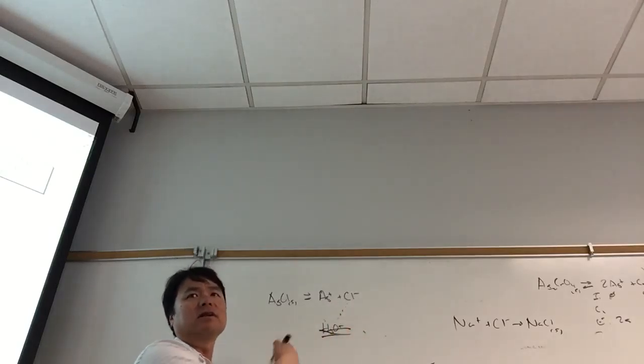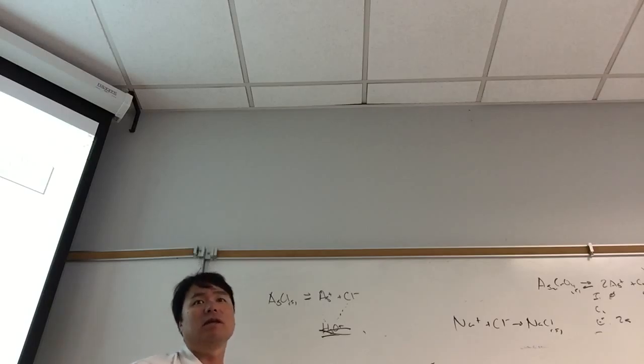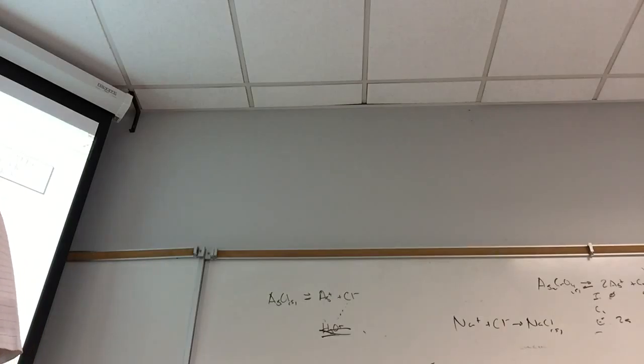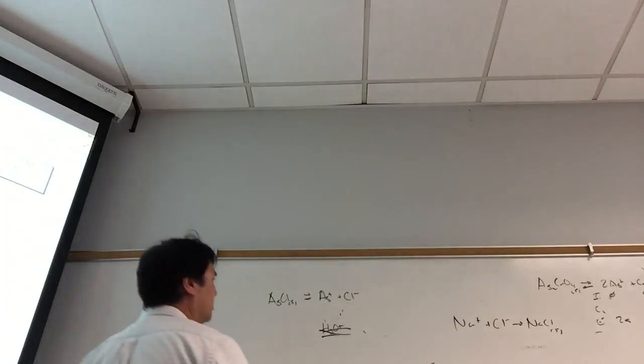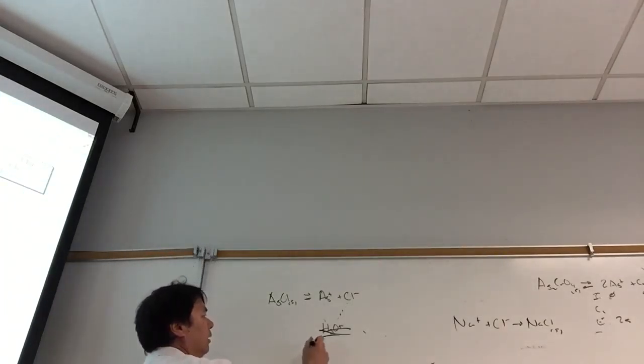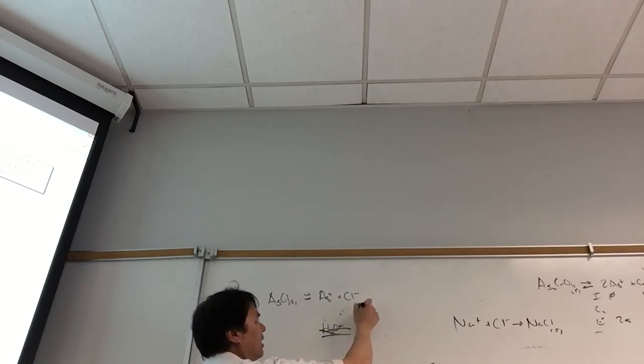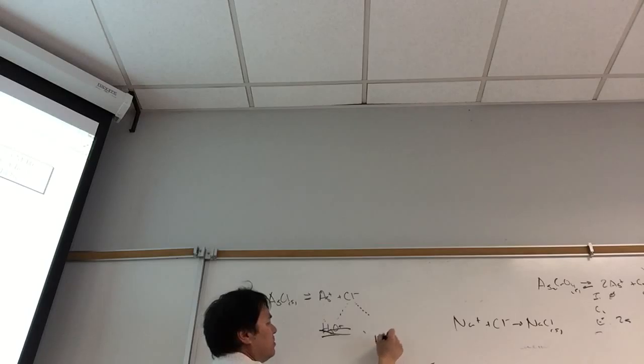So the solubility of this in acid and the solubility of this in water should be the same, except for the uncommon ion effect. What's the uncommon ion effect? It depends on the acid that you add. And so the interaction here is going to be minor. The interaction here is that the hydroniums will pair around the chlorides.